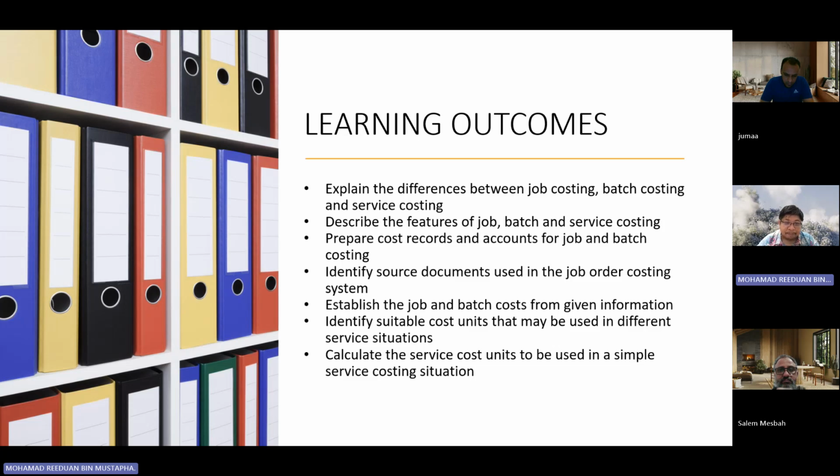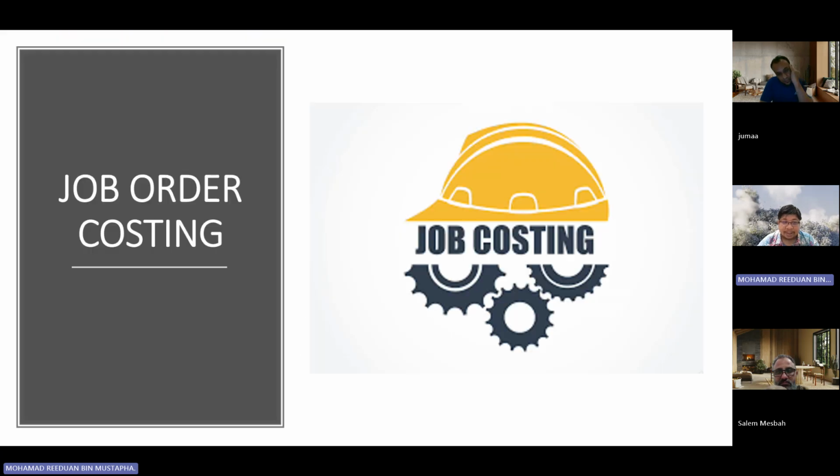Okay, so this is job order costing. We need to understand what job costing actually is.